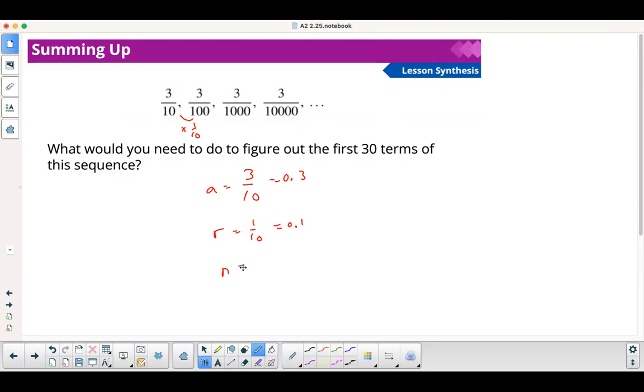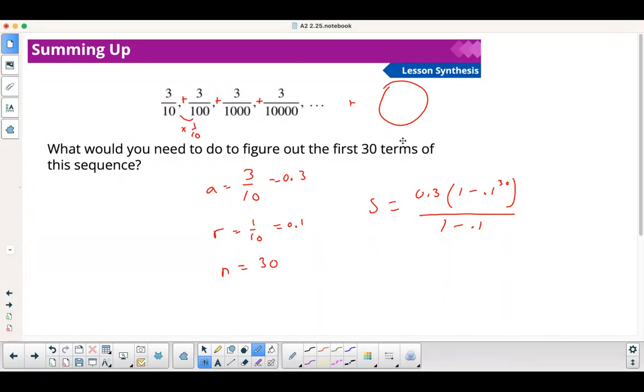And we would need to know the number of terms we're adding together, so that would be n is 30. So first term, 1 minus r to the n over 1 minus r. That will add up. Instead of putting commas there, it's almost like I have plus signs all the way up to the 30th term.